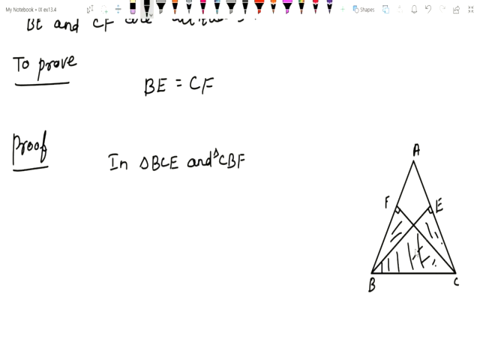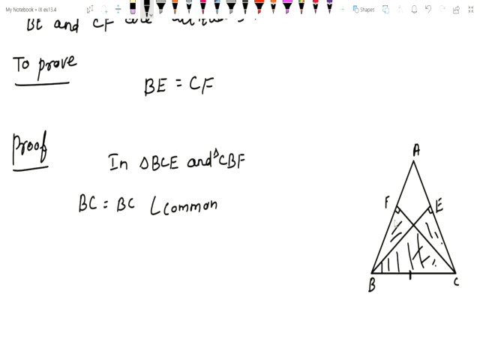Look here, BC is common. BC equal to BC. It is common. Next, angle BEC and angle CFB.